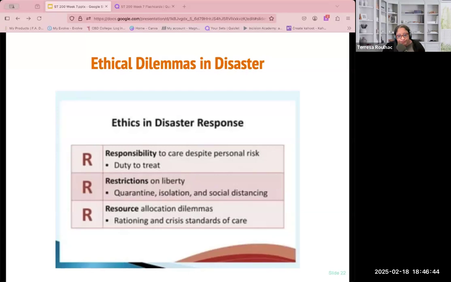Here's another issue. Individuals' perception of needs can vary greatly, and they may feel they need immediate medical care when others may need shelter, food, sanitation, just a little bit more urgently. So these are those questions that come up with that.